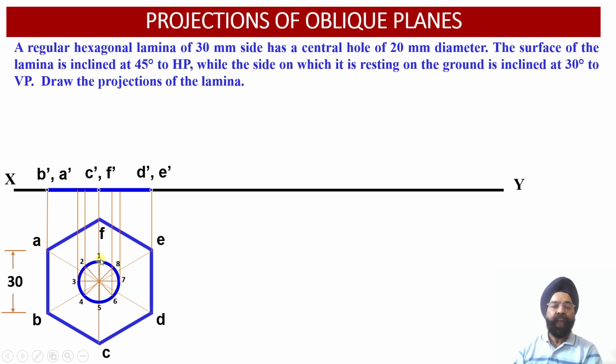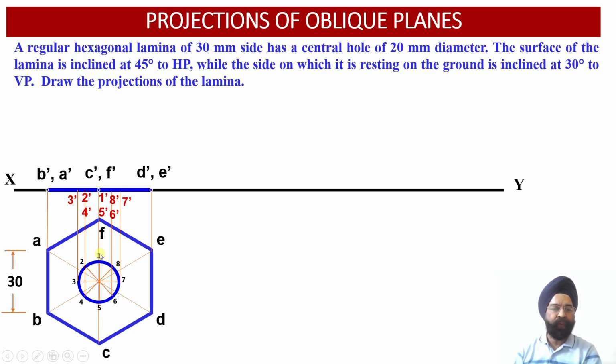Now having obtained the 8 points corresponding to the circular hole, these 8 points have been projected into the front view projections over here. So we can check point 3 will be projected as point 3 dash in the front view. Points 4 and 2 will be overlapping, so we are going to get 2 dash and 4 dash in the front view projections.